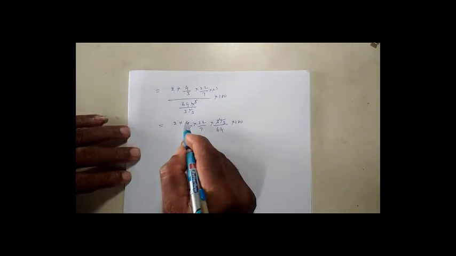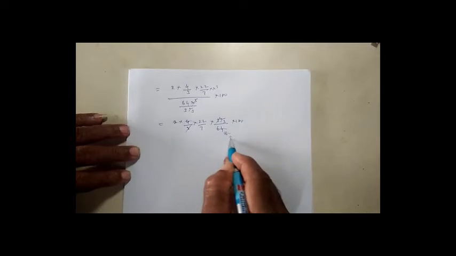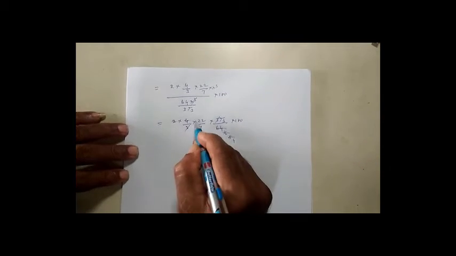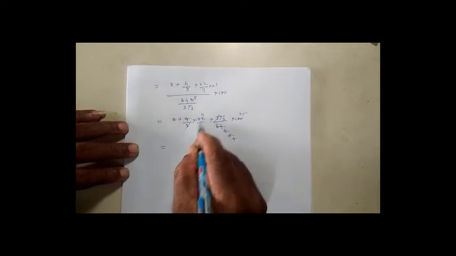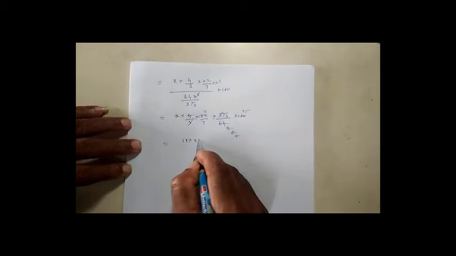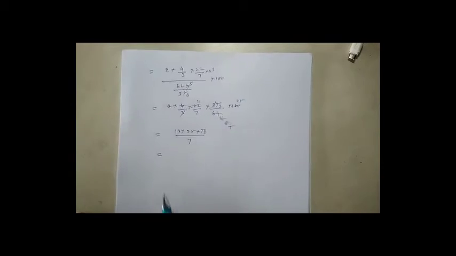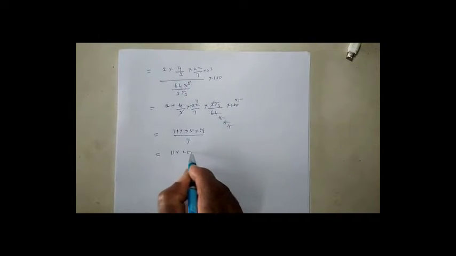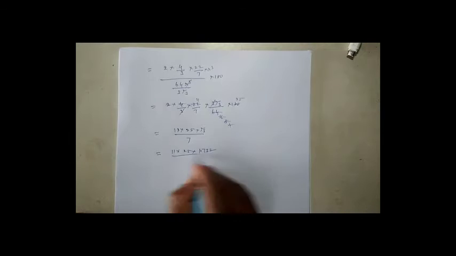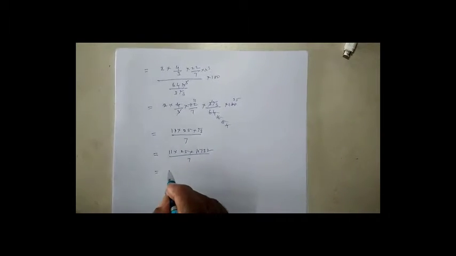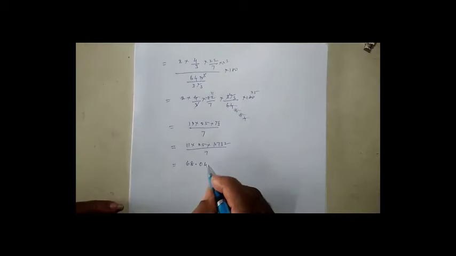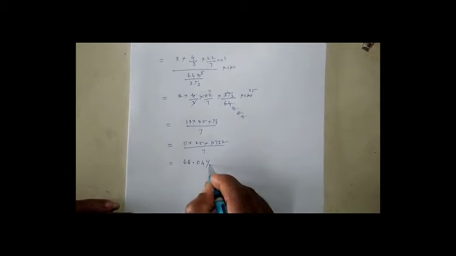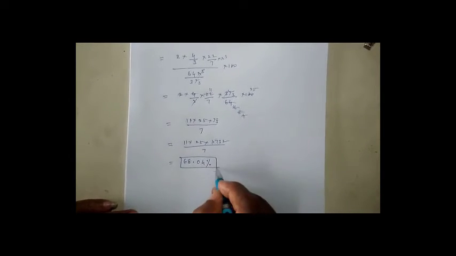Now 3 cancelled, 4 here 16, 2 here 8 times, 2 4 times, 2 11 times, 4 here 25 times. So what is left finally? 11 into 25 into root 3. After simplification, this becomes 11 into 25 into root 3 value 1.732 by 7. So if we simplify, this becomes 68.04%. Thus, the packing efficiency of BCC is 68.04%.